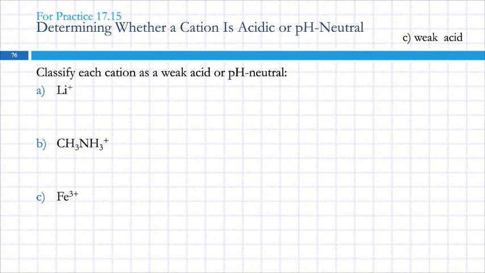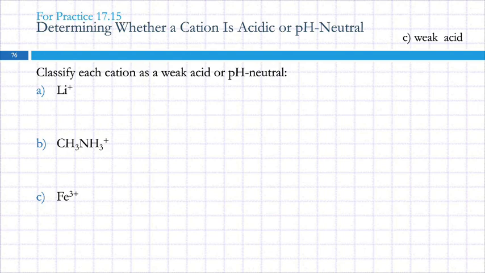So classify each cation as a weak acid or pH neutral. We want to look at the conjugate base of it. So lithium, gosh, can we write a conjugate acid for lithium? To write the conjugate acid, no, we need the conjugate base.